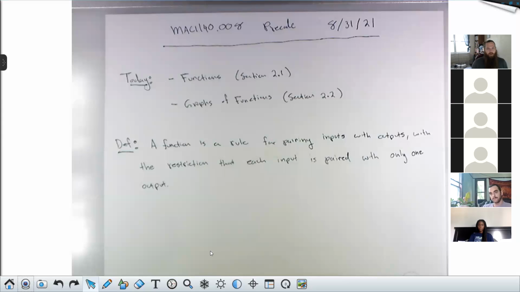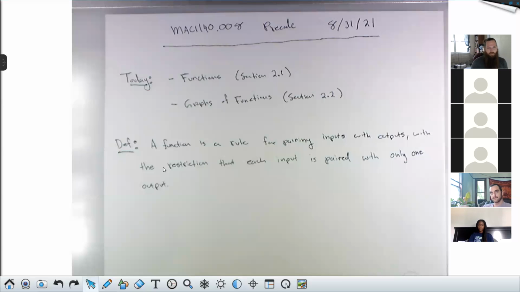So by saying every input has to go to one and only one output, we're able to simplify the picture. If you have a rule for pairing, a relation, that's able to send one input to many different outputs, then just by referring to the input, I don't necessarily know which output you want to talk about.